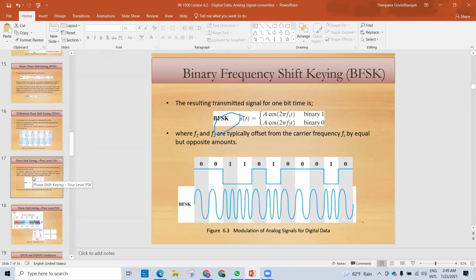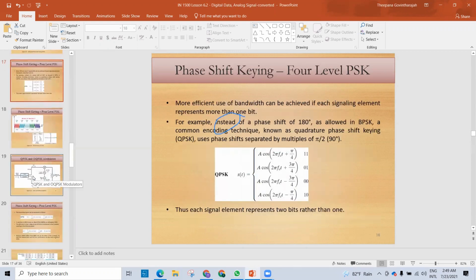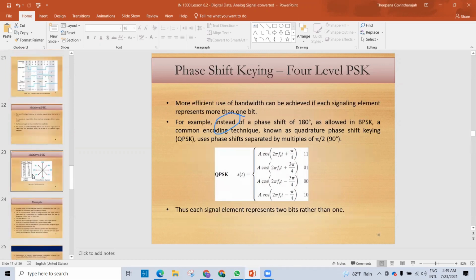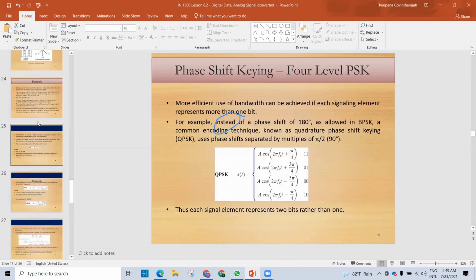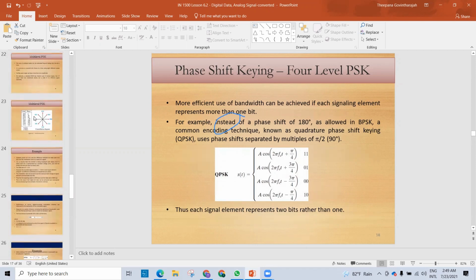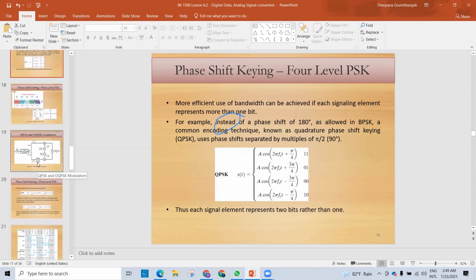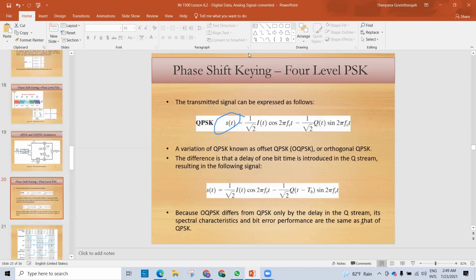But here, we are using a different formula for QPSK, this kind of formula for calculating ST. Here, IT is the channel that produces the IT wave, and this produces the QT wave.